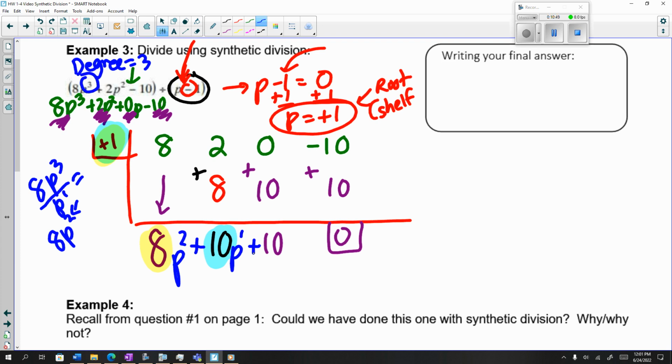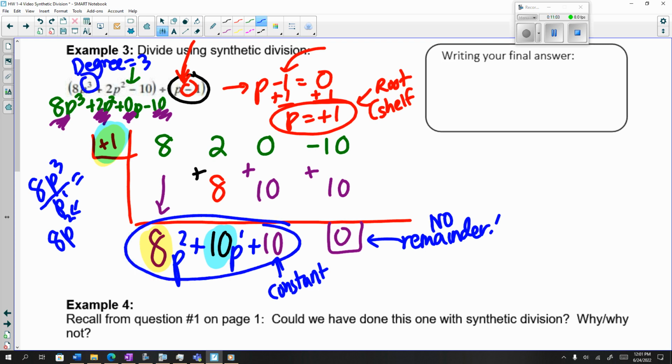So this is going to be your squared term, your first term, and this is called your constant. Notice the last box is a 0, and that means the remainder is 0. No remainder. So my final answer, which is called my quotient, is a quadratic quotient, which is 8p squared plus 10p plus 10. All right, now we're done.